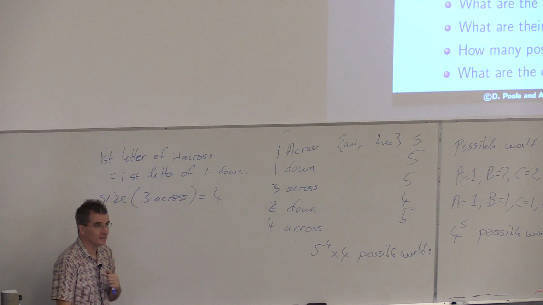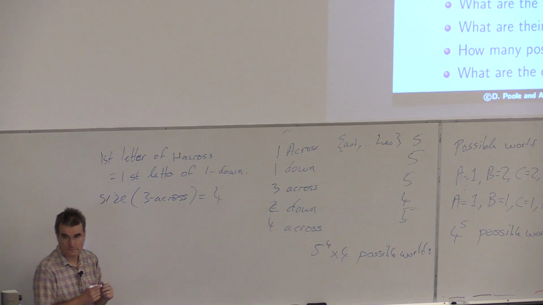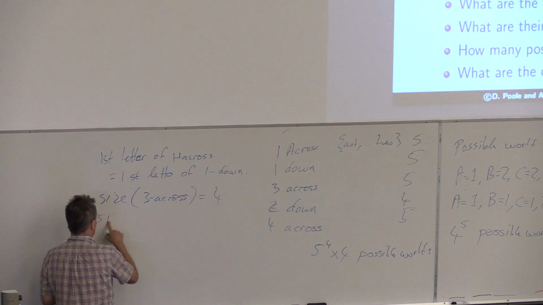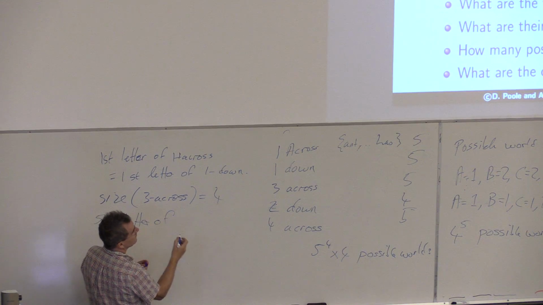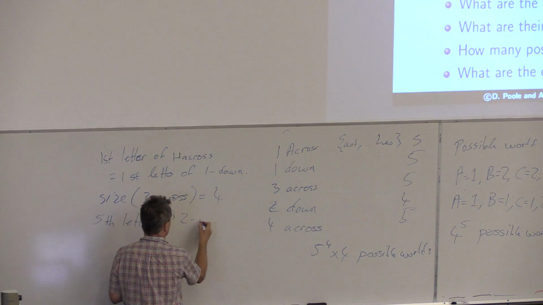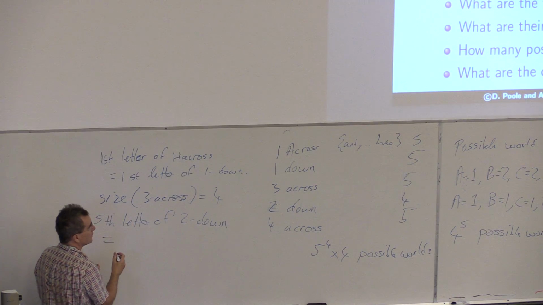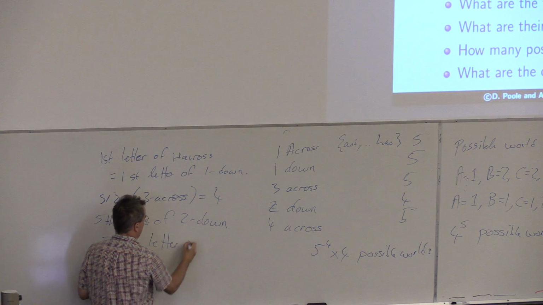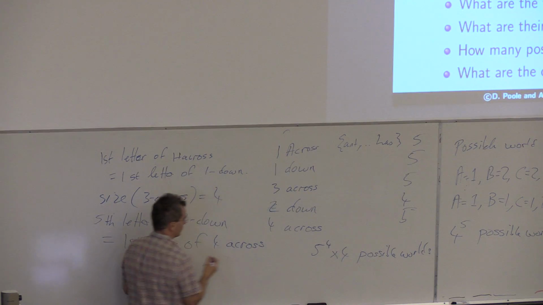What's another constraint? The fifth letter of, what was it, 2 down has to equal the first letter of 4 across.